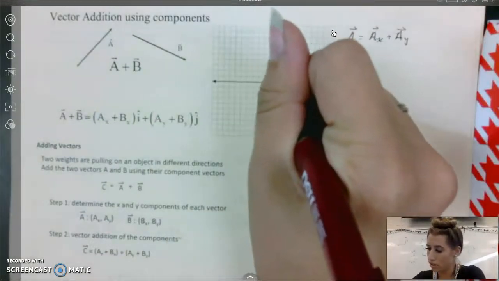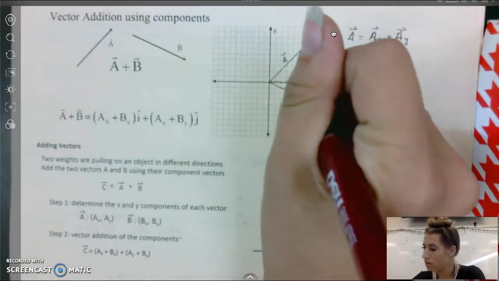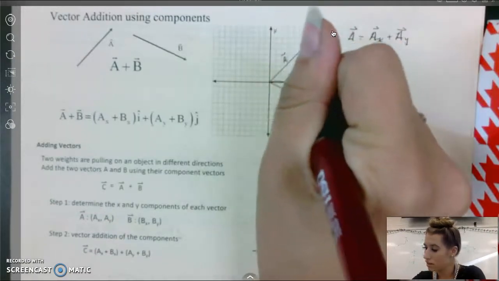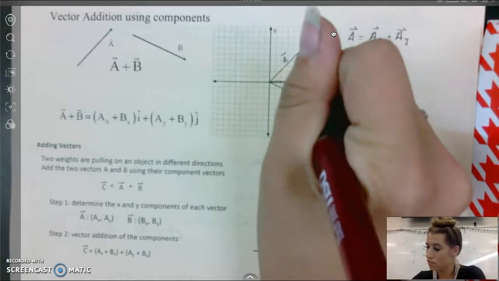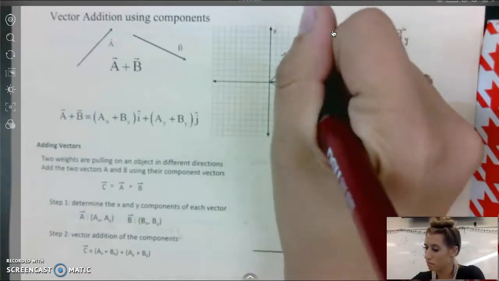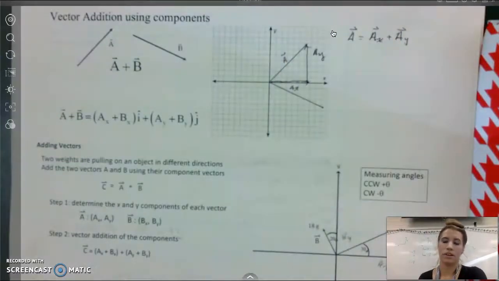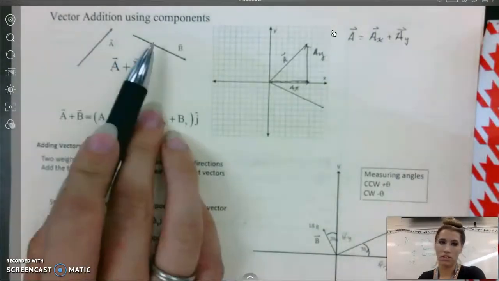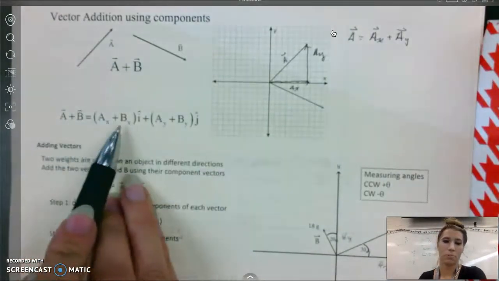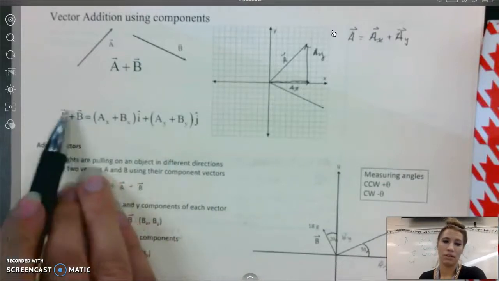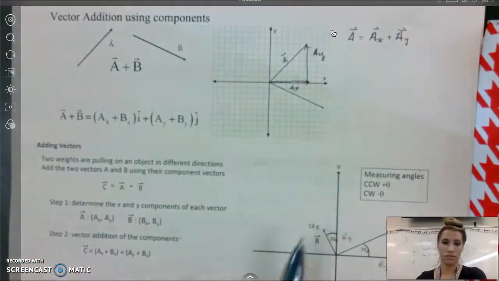I could show that we have an AX vector plus an AY vector, and that will result in the overall vector of A. So now I'm saying I could add these two and break them into their components, and that would tell me my resultant from that.